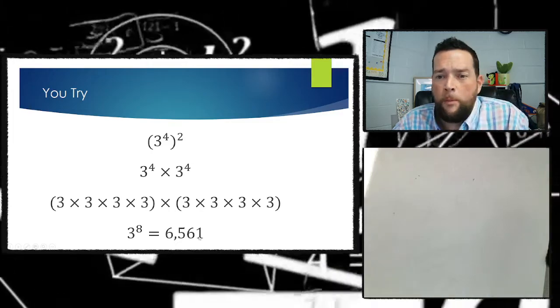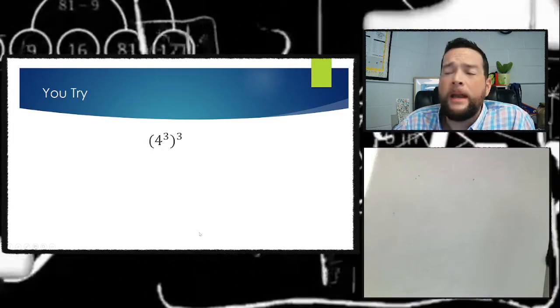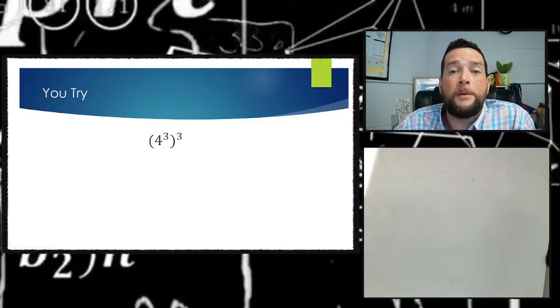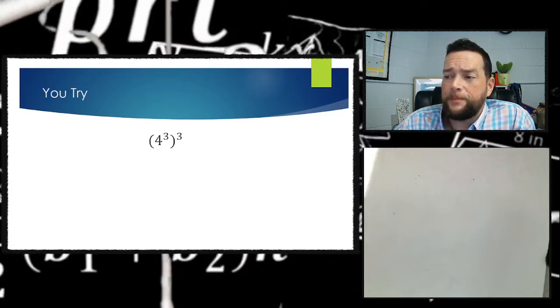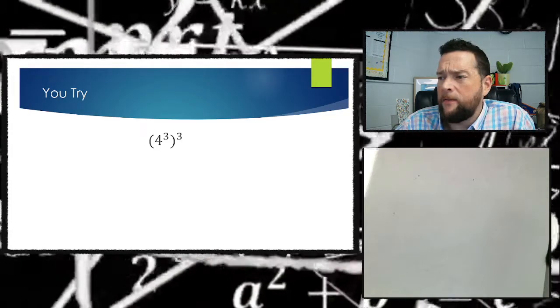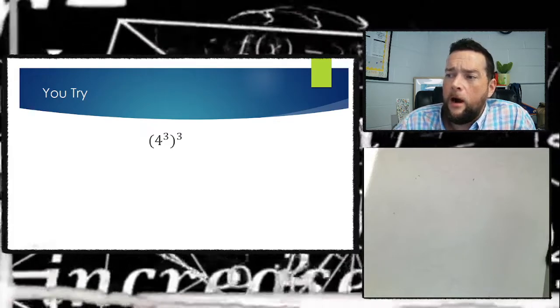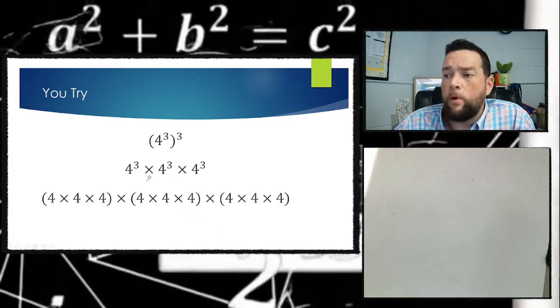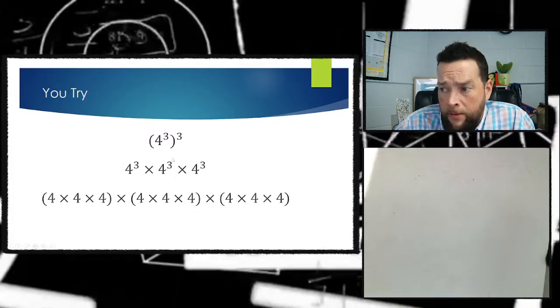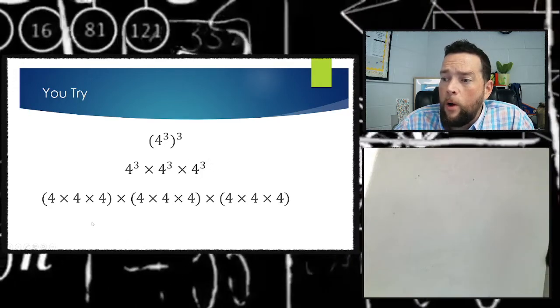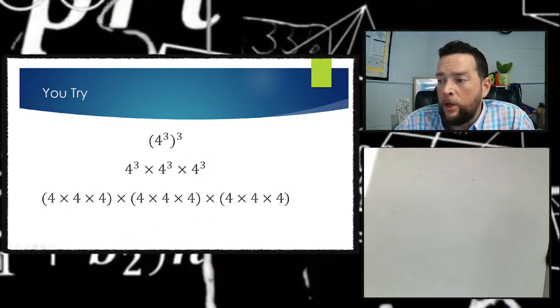All right, one more problem, and then we're done. 4 to the power of 3 to the power of 3. Pause the video, try it, see if you can get the right answer. All right, 4 to the power of 3 is really 4 to the power of 3 times 4 to the power of 3 times 4 to the power of 3. When I write it in expanded form, it looks like this.